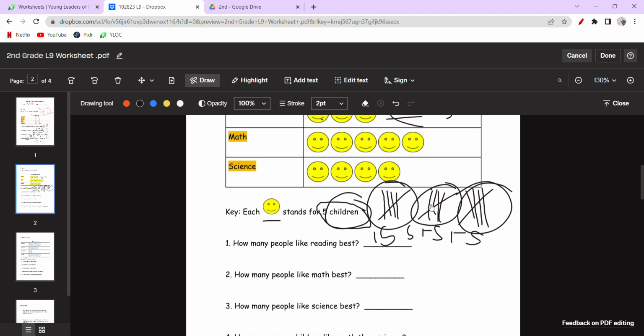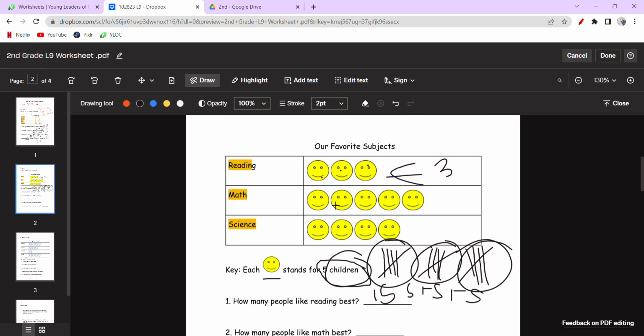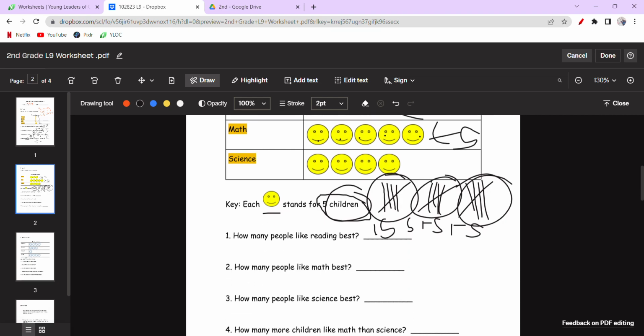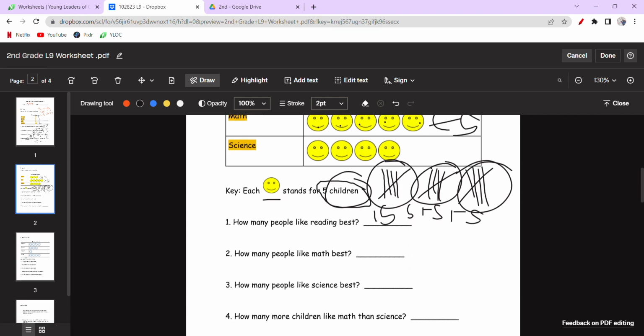How many people like math best? So math, we have 5. So you do the same thing. A simplified version will just be adding 5 five times. 5 plus 5 is 10. 10 plus 5 is 15. 15 plus 5 is 20. 20 plus 5 is 25.